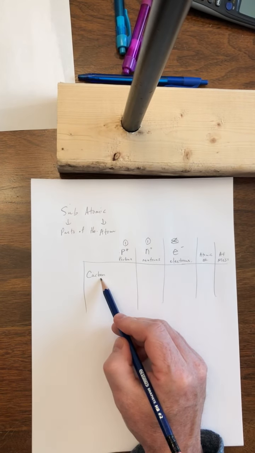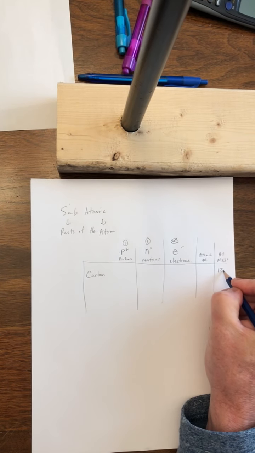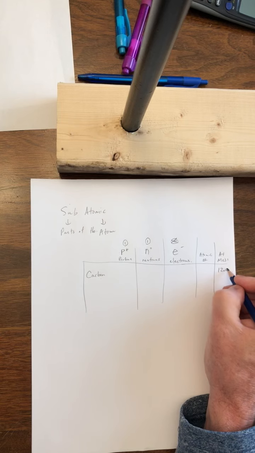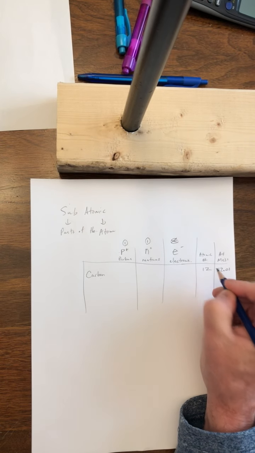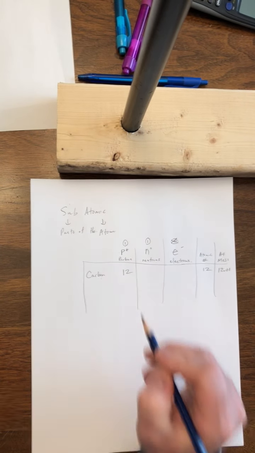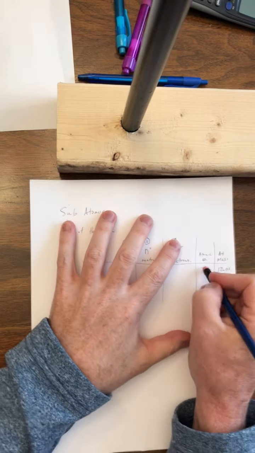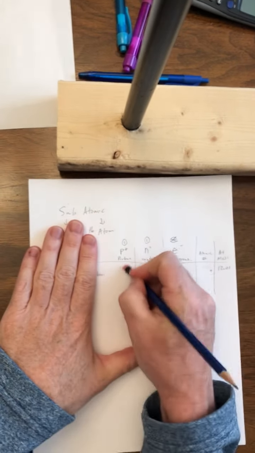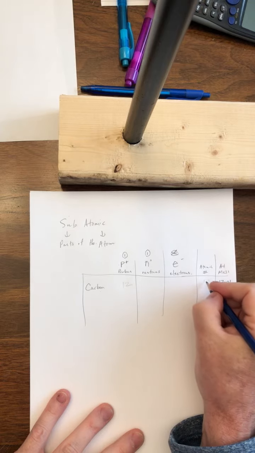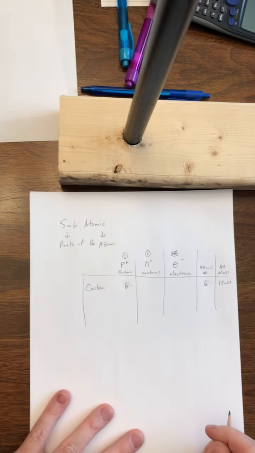So carbon has a mass of 12.01 and atomic number of 12. The atomic number tells me that carbon has 12 protons. Sorry, I've messed up here. Atomic number of carbon is 6. So carbon has 6 protons.